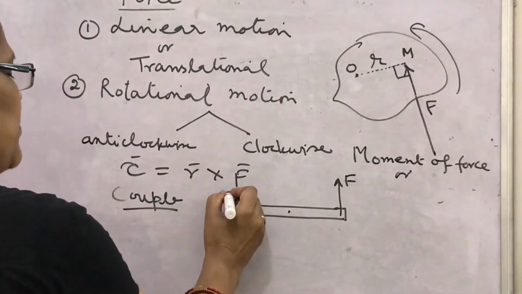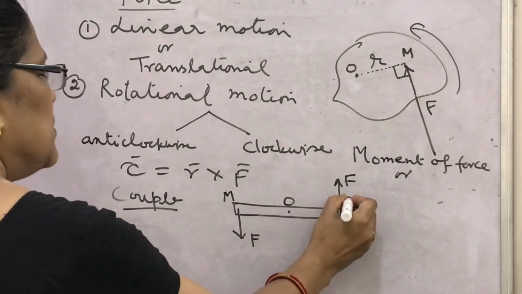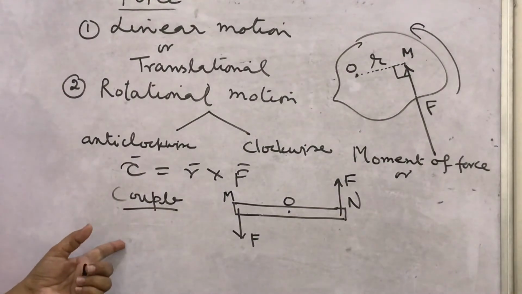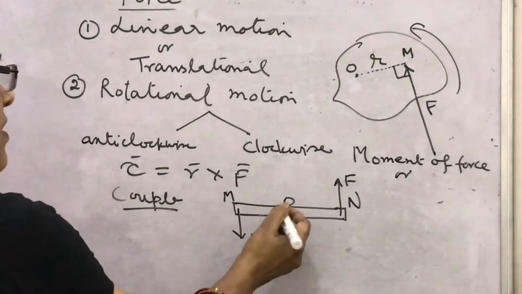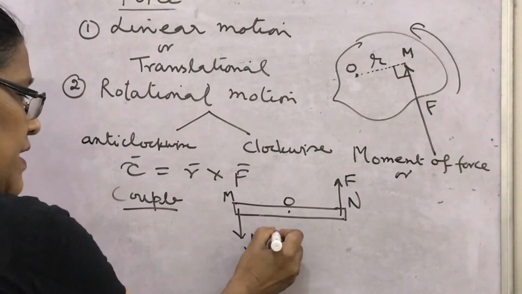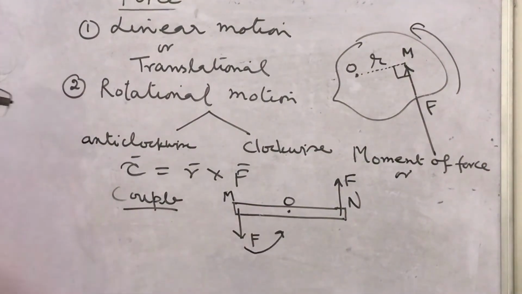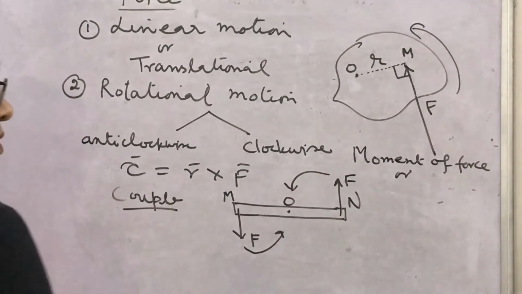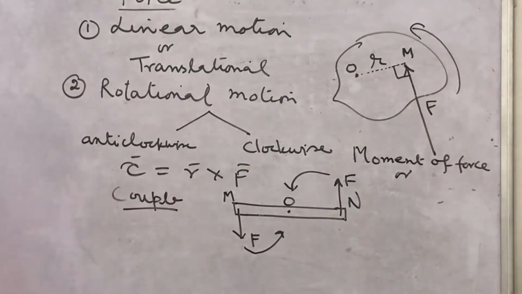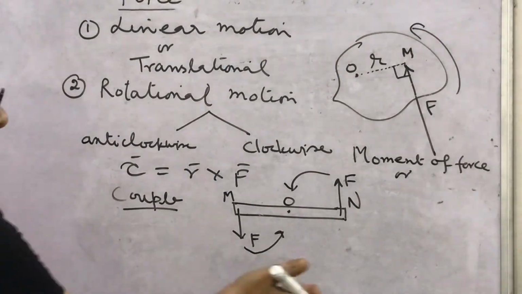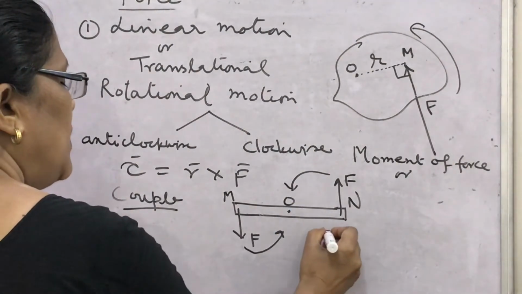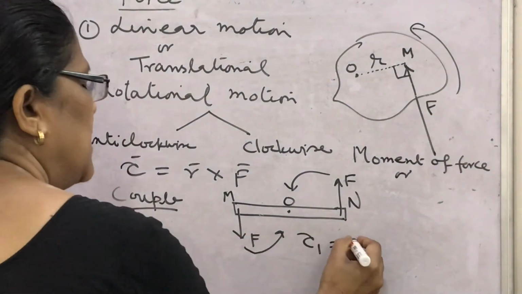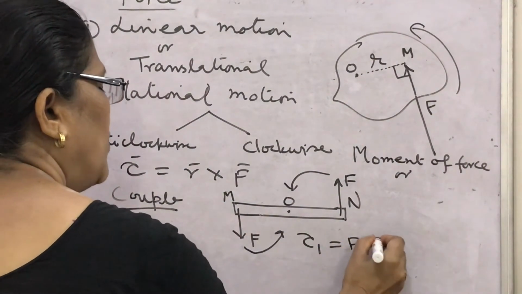What I am talking about is this couple, equal and opposite forces. Now, suppose this point is M, this is O, this is N. How will you find the moment of this couple? Look, this force will have a turning effect about this fixed pivot point O, and this force will also have a turning effect about O, both in the same direction. Then for the first one, you will write F into OM.